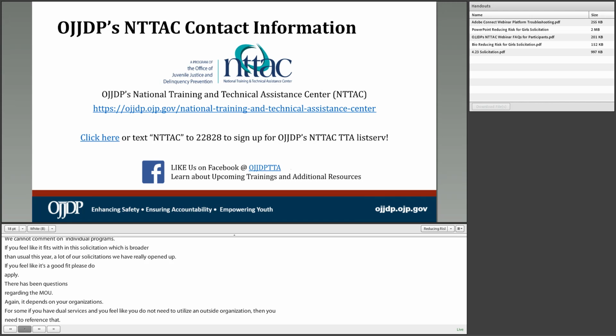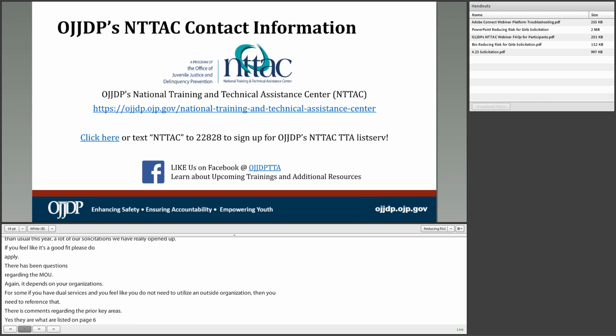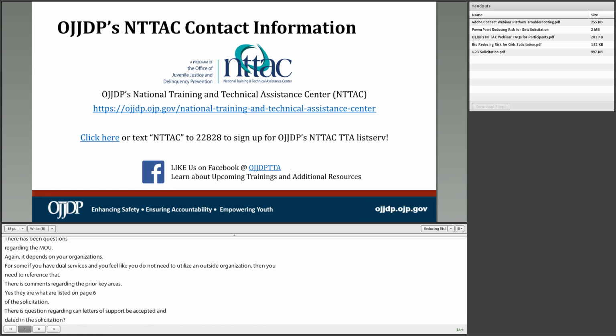There are comments regarding the priority areas, and yes, they are what are listed on page 6 of the solicitation. There's a question regarding can letters of support be accepted, and as stated in the solicitation and this webinar, MOUs or other analogous documents showing that there is a partnership and an understanding of the proposed project, those will receive priority consideration.